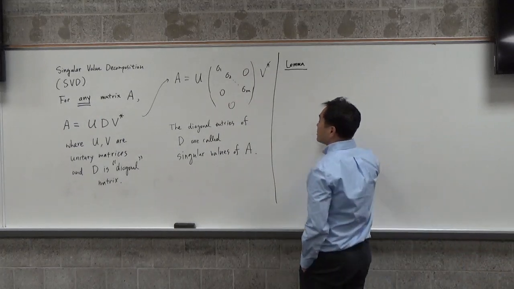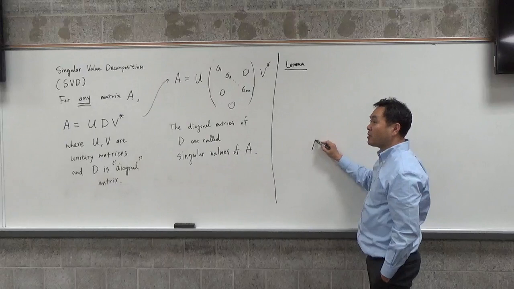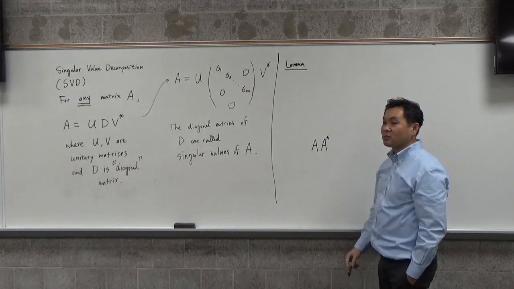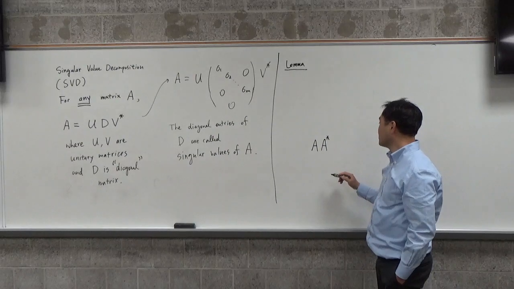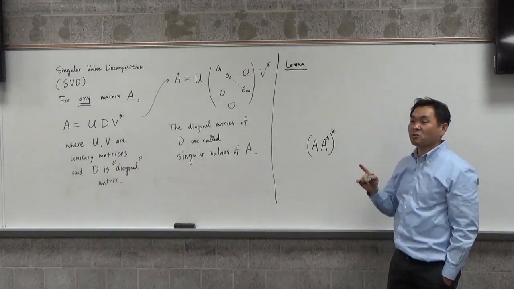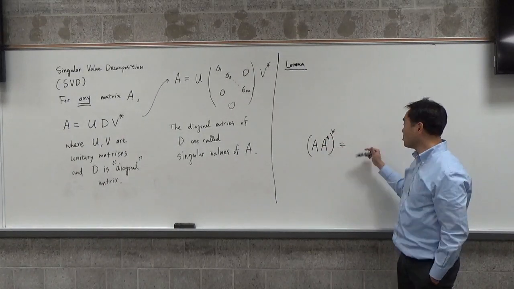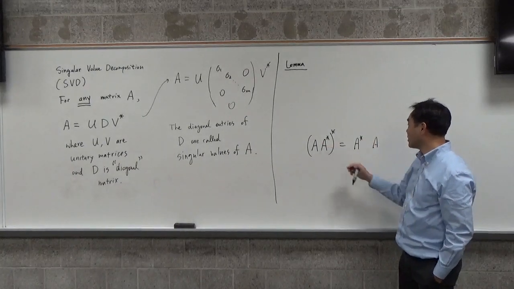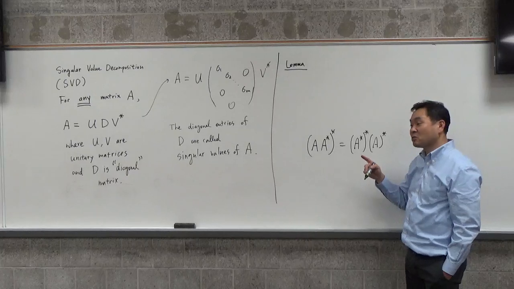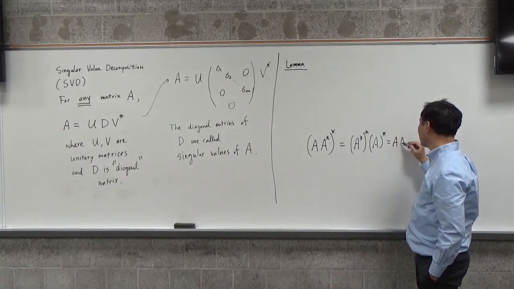So the idea first is that if you have any matrix A, then if you take the star of A times A star, where star is the complex conjugate and transpose, transpose flips these around, so you end up with A star appearing first and then A. Then star is applied to each individual one, but transpose done twice cancels, complex conjugate done twice cancels, so star star cancels away. So you get A times A star.